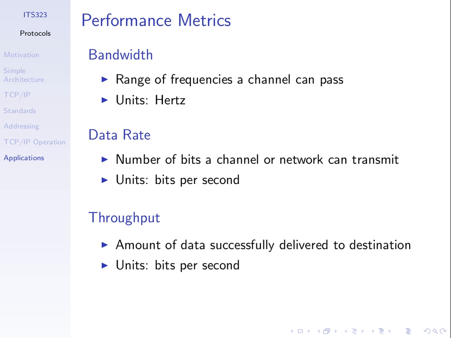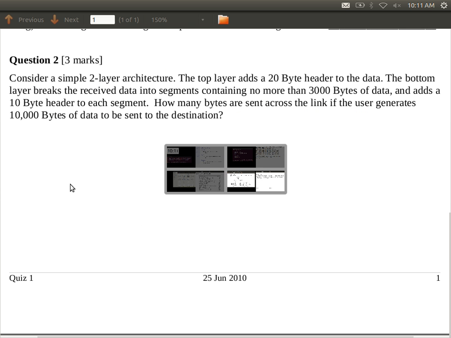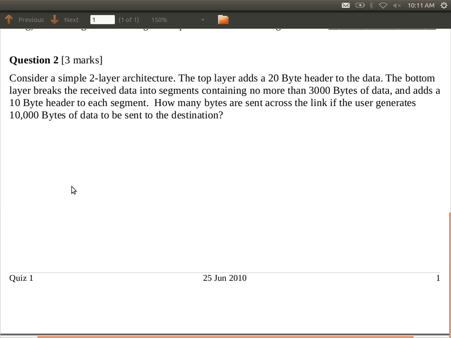The example is from a quiz two years ago. You have a read, then we'll go through it on the board. There's another example in your handouts, which is more detailed, but we can go through this one a bit faster.